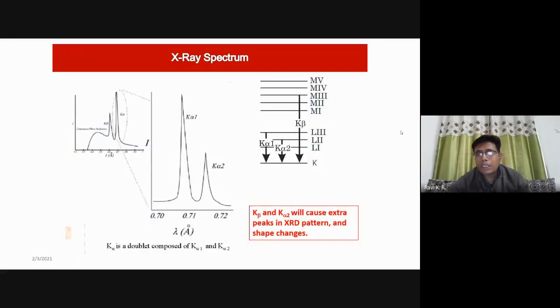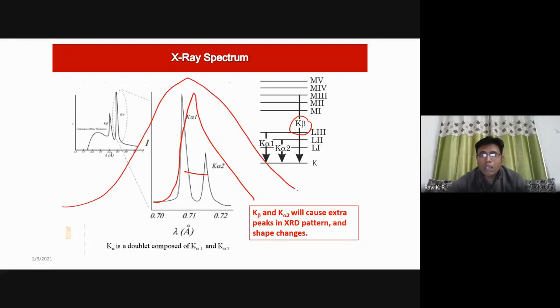This part we already discussed. What is K alpha? What is K beta? Forget about K alpha 1, K alpha 2 splitting, because the peaks are already very broad. You cannot see this splitting. The EDS peak is like this, not this way. You will get a very broad peak, for many reasons which we will discuss one by one.